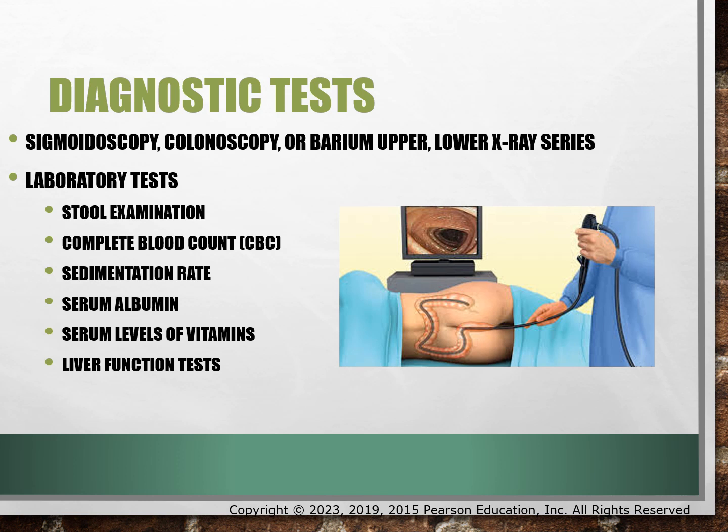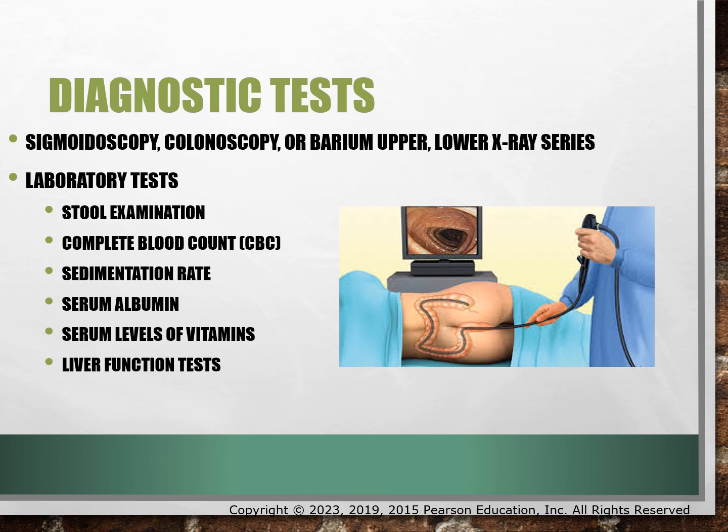The sedimentation rate is typically elevated during periods of acute inflammation, and the sedimentation rate is indicative of inflammation. Serum albumin may decrease because of malabsorption, malnutrition, protein loss through intestinal lesions, and chronic inflammation.